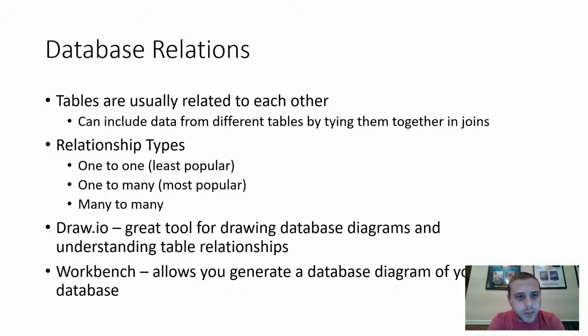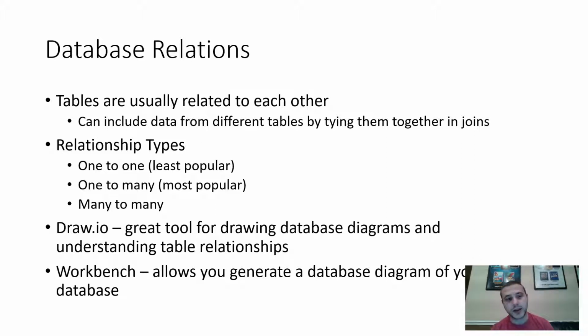Now, some relationship types between these tables. It can be one to one, which is the least popular. It can be one to many, or it can be many to many. One to one relationships specifically say that one specific row in a table belongs to one specific row in another table, and they can't belong to anything else.